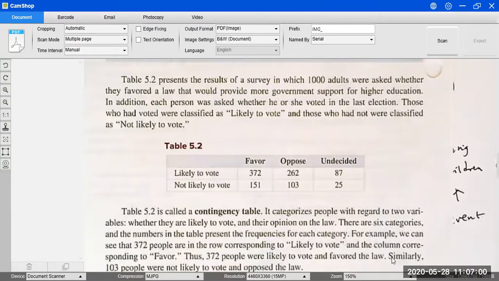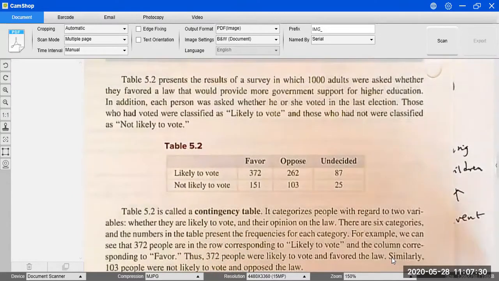So we have now two variables. One variable is whether they voted or not in the last election, and the other variable is just how they think about a law that is going to provide more government support for higher education. So now we have two variables. And these kind of tables with two variables, they receive the name of contingency tables.